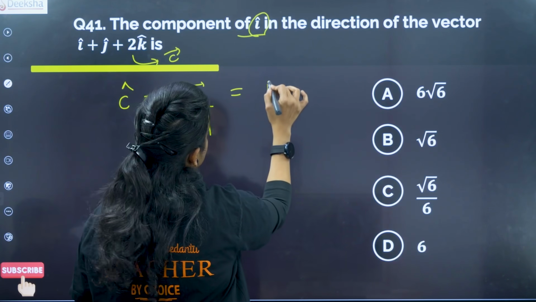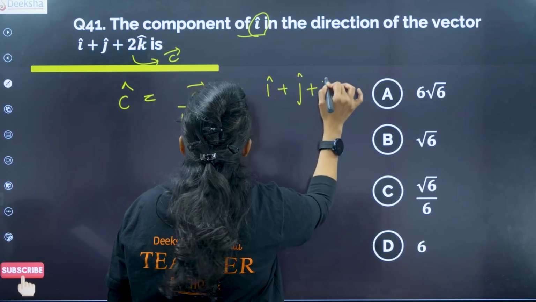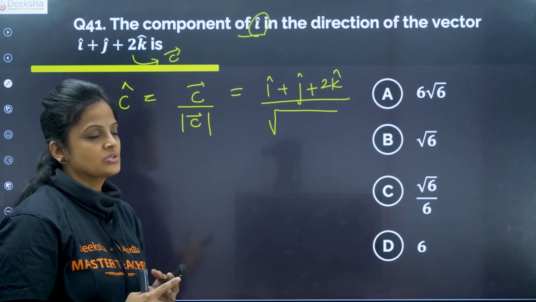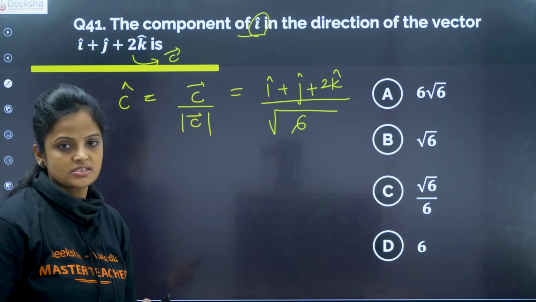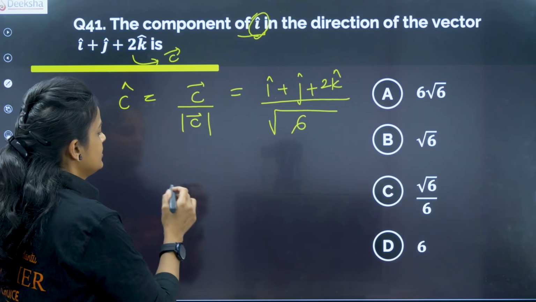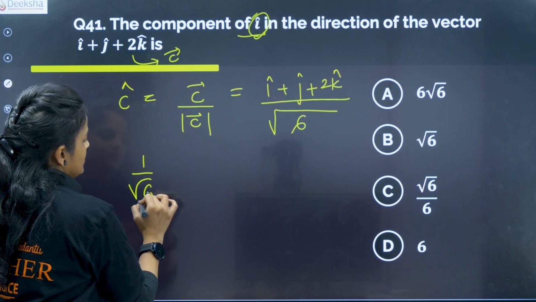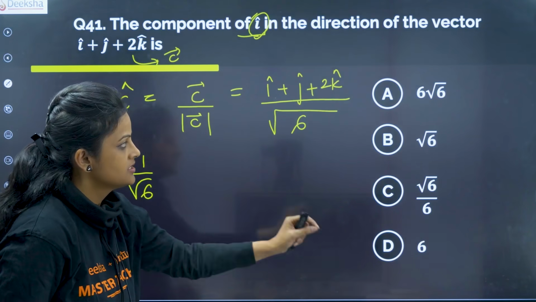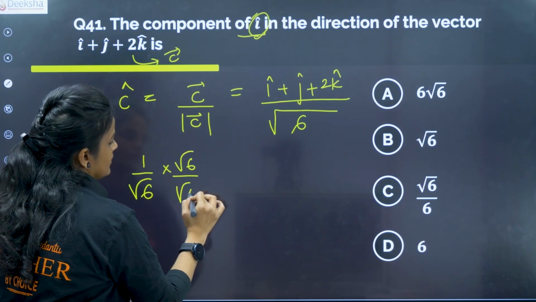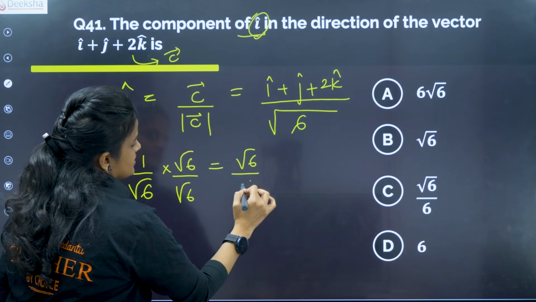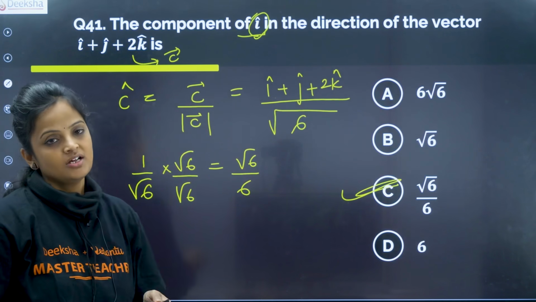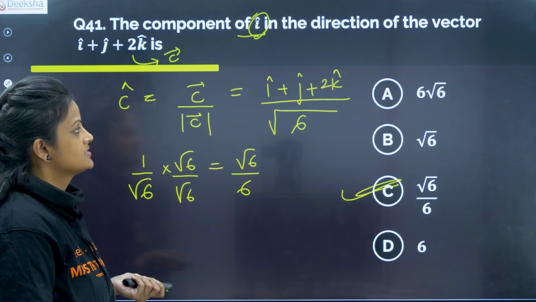So C vector as it is, divided by under root 1 square and 2 square, so that will give you 6. So what is the component of i cap they are asking? So component will be 1 by root 6. Do we have the answer? No. So we can reduce that to root 6 by 6. Okay, that we have. They give it just to confuse us. So root 6 by 6, option C is our answer.